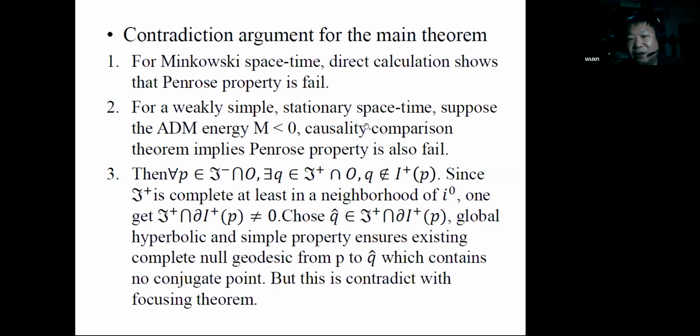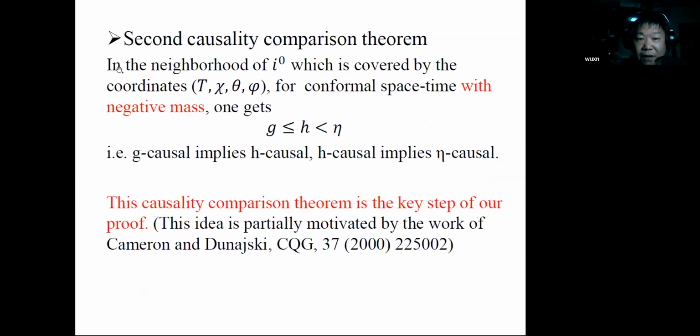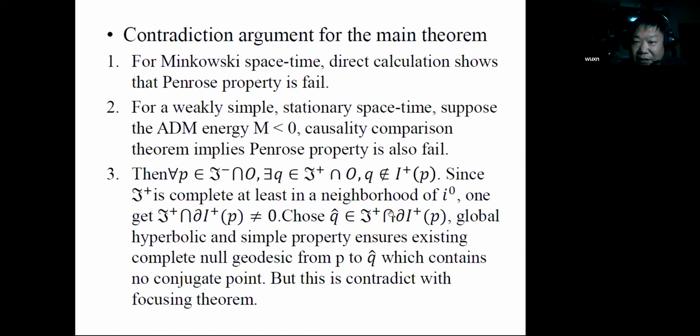Furthermore, because you have the causality comparison theorems, you can in some sense always know where the boundary is, because it must always lie outside the boundary of the Minkowski spacetime.